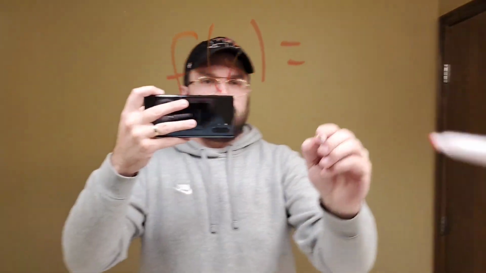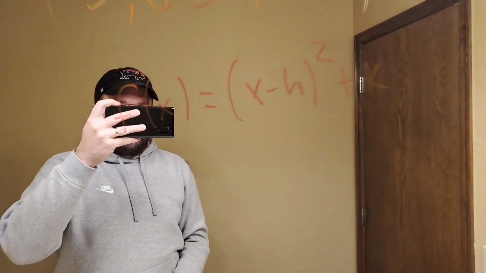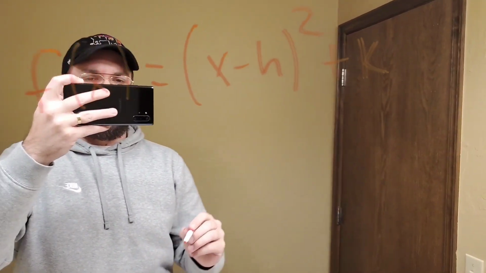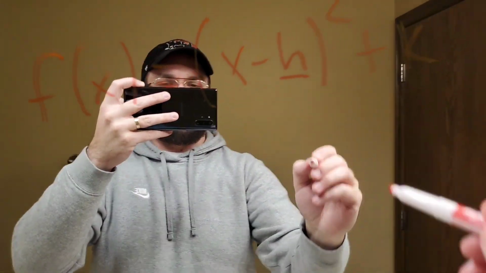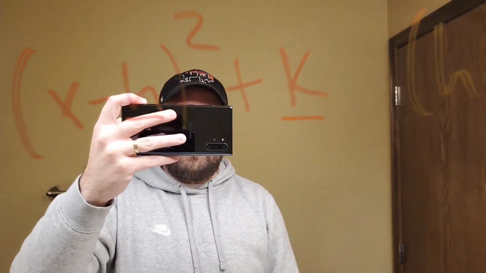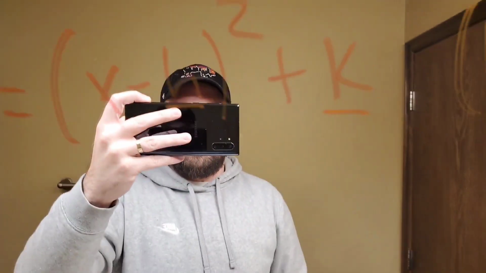And vertex form is a function, and we can write f of x is equal to (x minus h) squared plus k. That's called vertex form. And if you know your vertex, then you put your numbers at h and k, and your vertex (h, k) will just plug right in there.